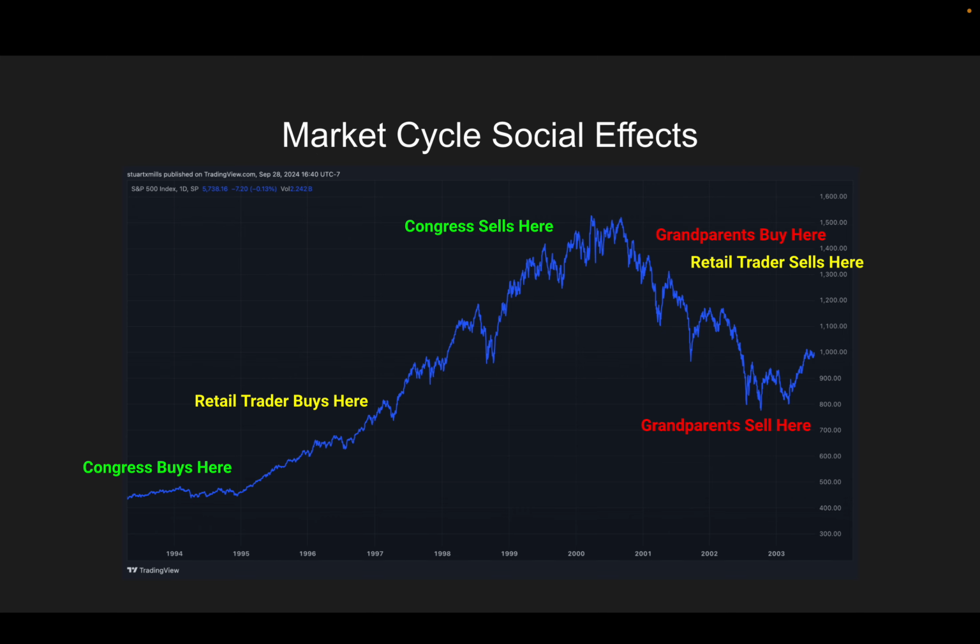Maybe they need cash or some other reason, maybe just because the losses are adding up. So yeah, this shows that if you can avoid being the grandparents type, most likely won't be the Congress type, then you can do pretty well being the retail trader type.